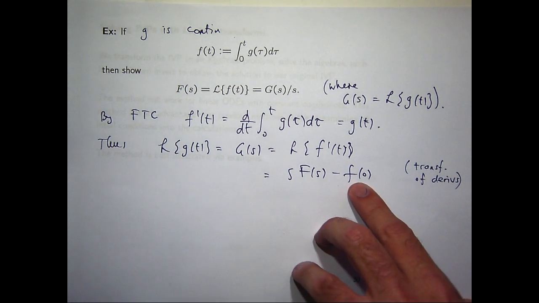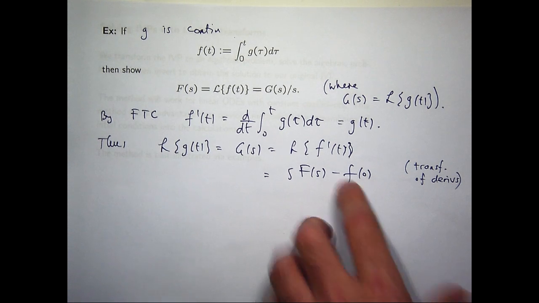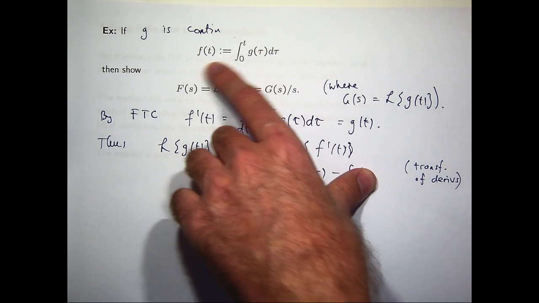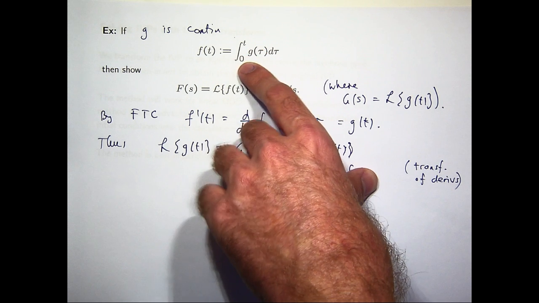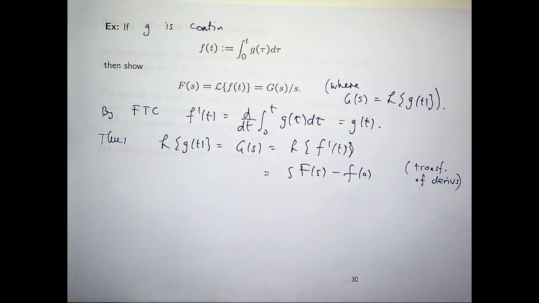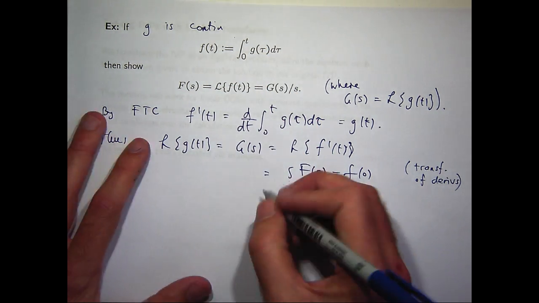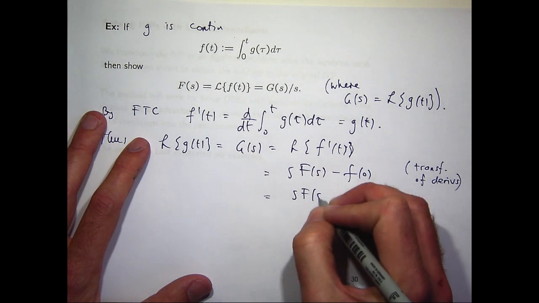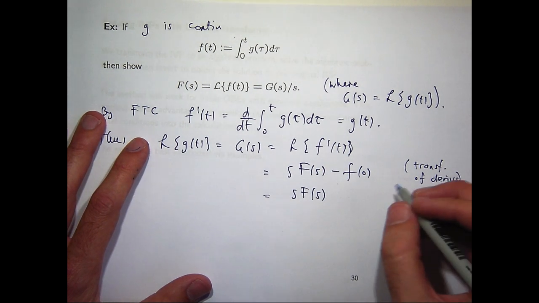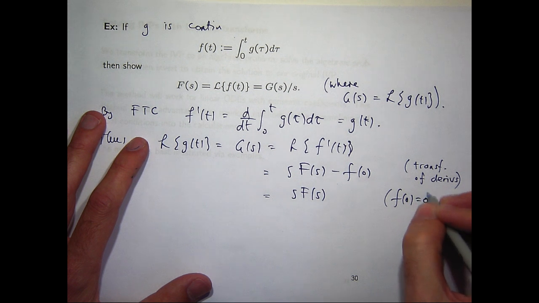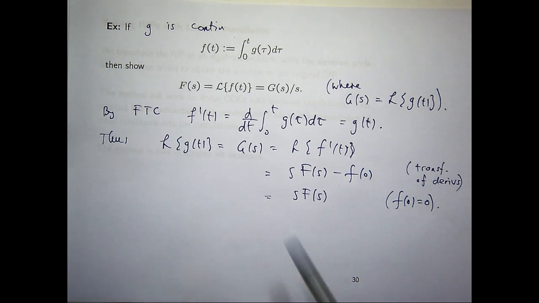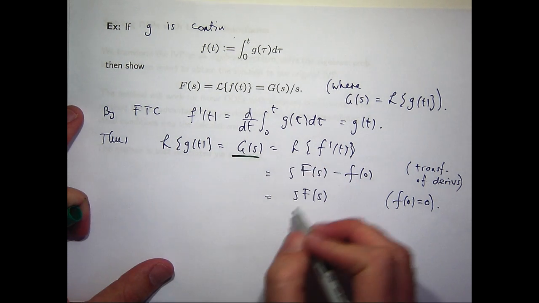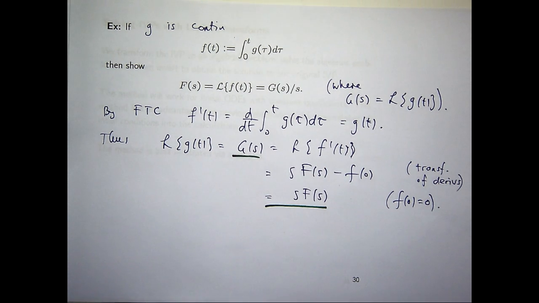And what's little f of 0? It's 0, because if I go up to my definition and plug in little t equals 0, I'm integrating from 0 to 0, so I've got to get 0. So I end up with the expression big G of s equals s times big F of s, so rearranging that I get the following.